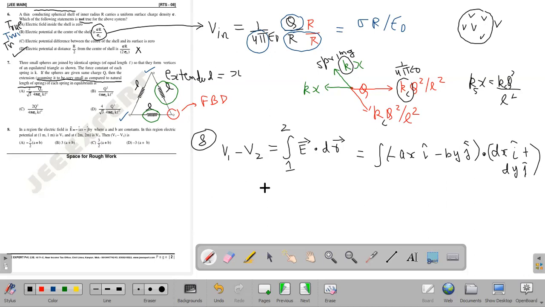If I take this dot product, I get the first integral as minus ax dx, and the second integral as minus by dy. The limits for the variables x and y are 1 to 2, and then just solve this integration and get the answer.